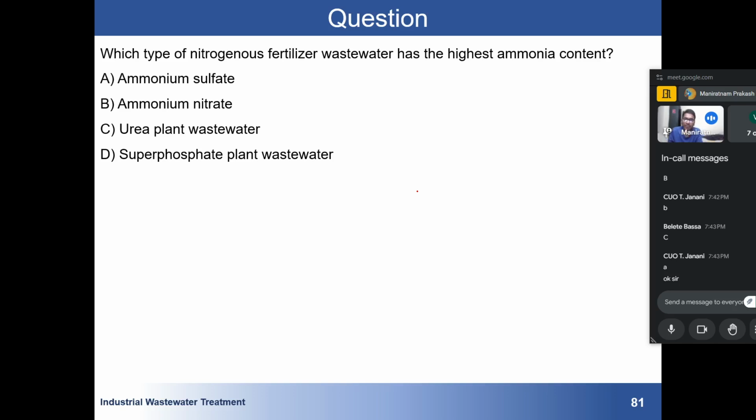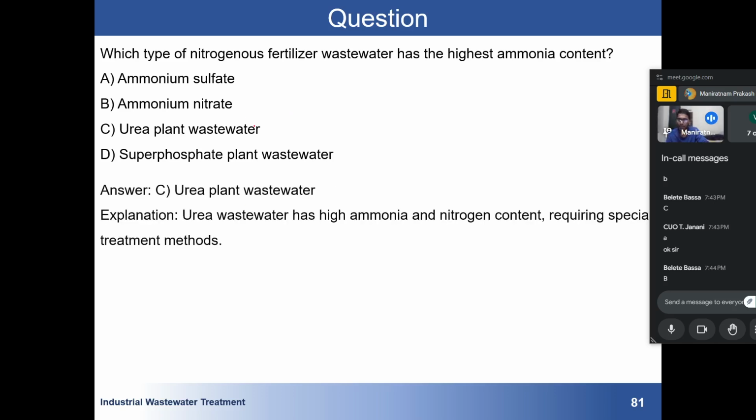Which type of nitrogenous fertilizer has the highest ammonia content? B. Ammonium nitrate. Urea plant wastewater. See, ammonium nitrate, these are raw materials, I think.